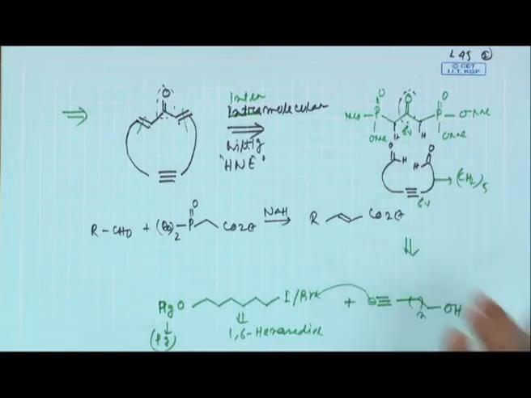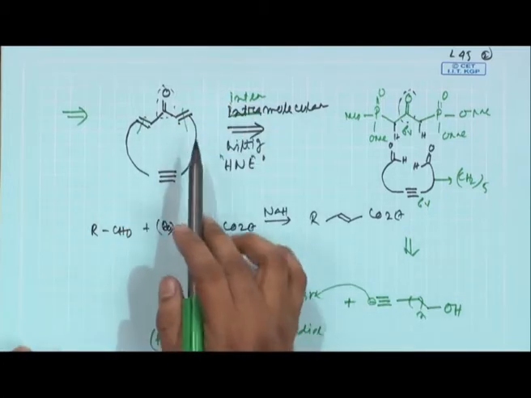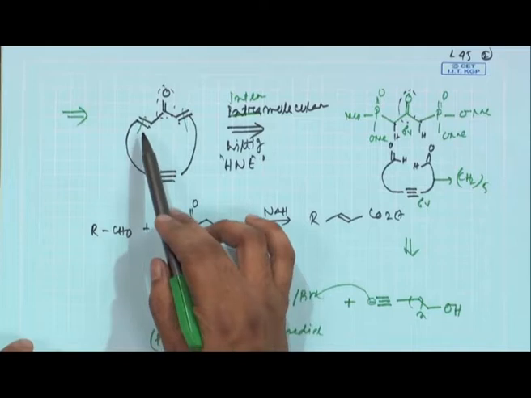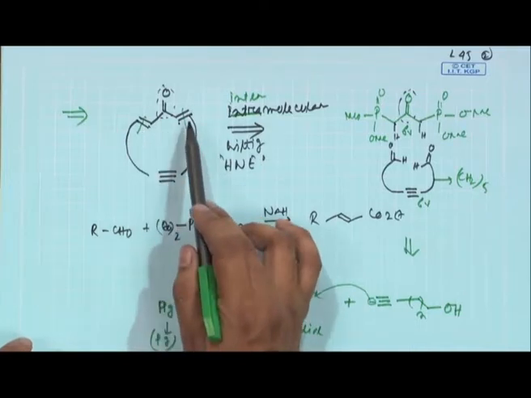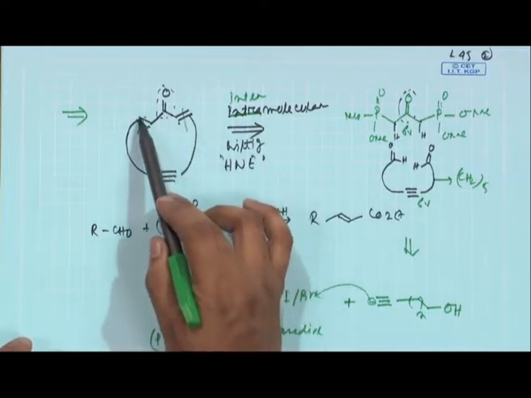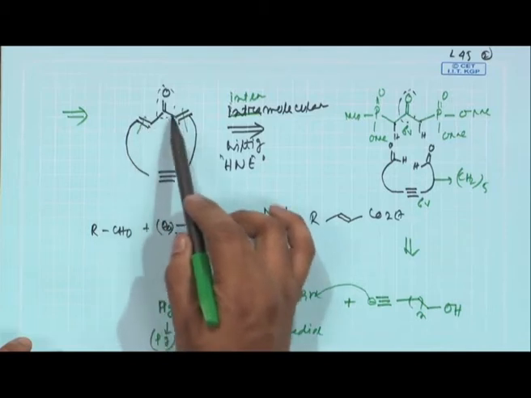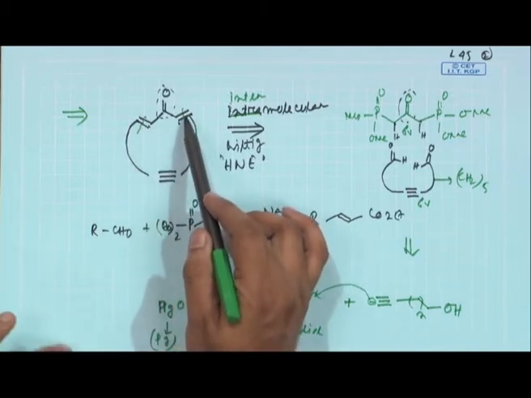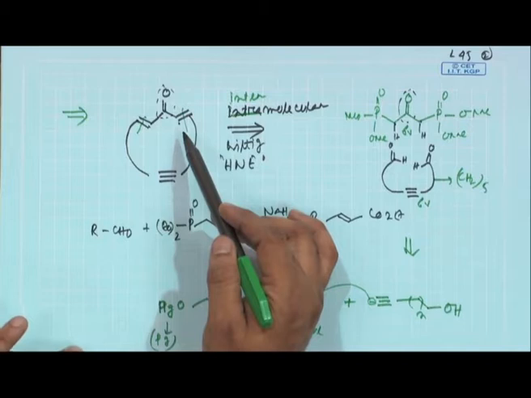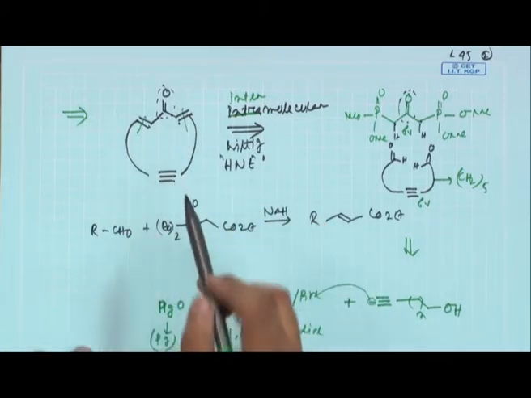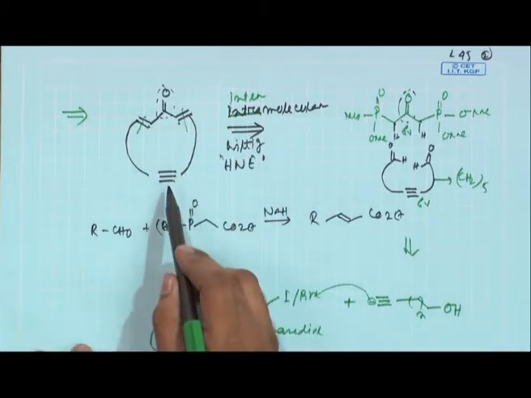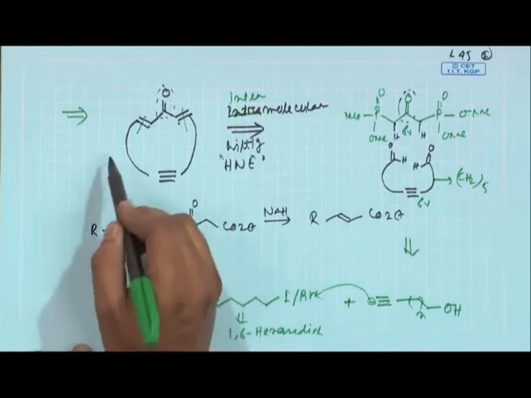Then you do the Horner-Wadsworth-Emmons reaction. Now, once you do the Horner-Wadsworth-Emmons reaction, your next part is basically you have to do first this particular double bond reduction. The double bond reduction can eventually be done without touching the triple bond.